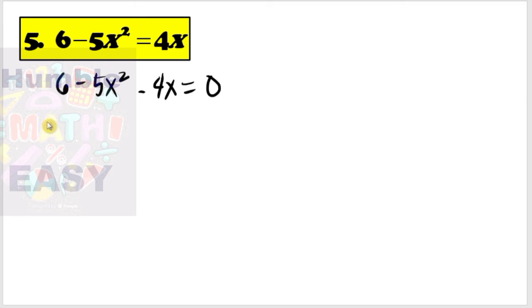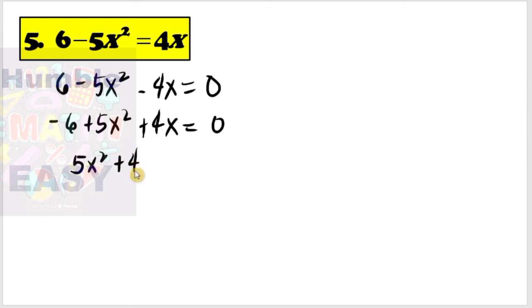So we arrange it by taking the opposite, the additive inverse, of both sides of the equation. So we have negative 6 plus 5x squared plus 4x is equal to 0, and arranged, 5x squared plus 4x minus 6 is equal to 0.